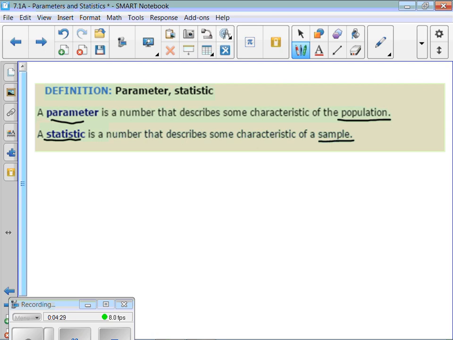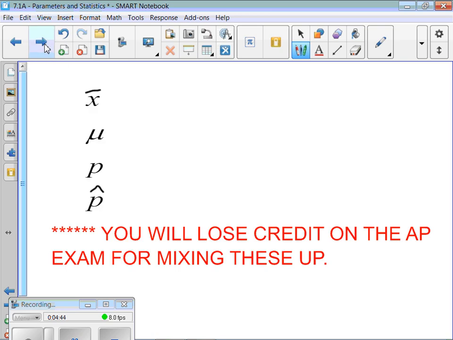A statistic and a parameter, except we usually don't know the parameter, but it does represent a specific number. And population and sample are where you write the sentence, what you're talking about. We've done population and samples before, if you remember. So these symbols are really important, and it's always one or the other.